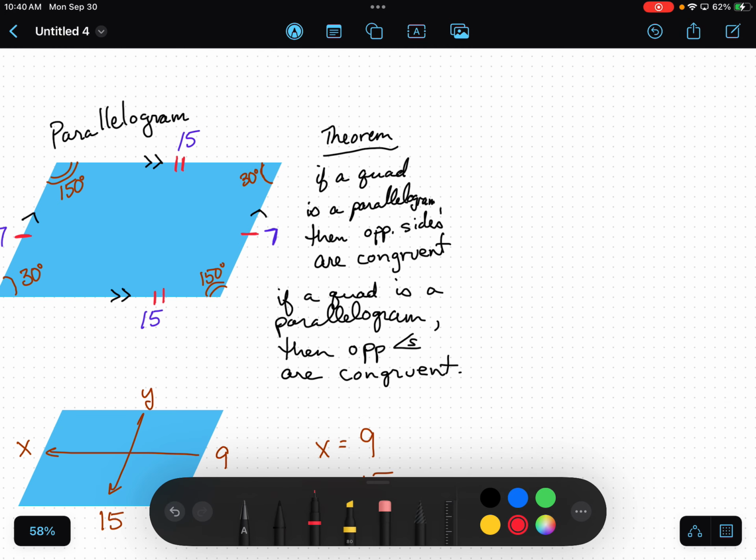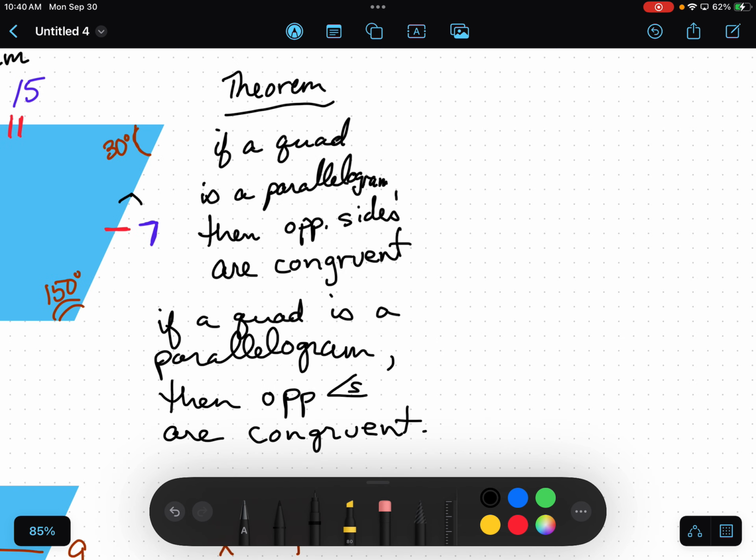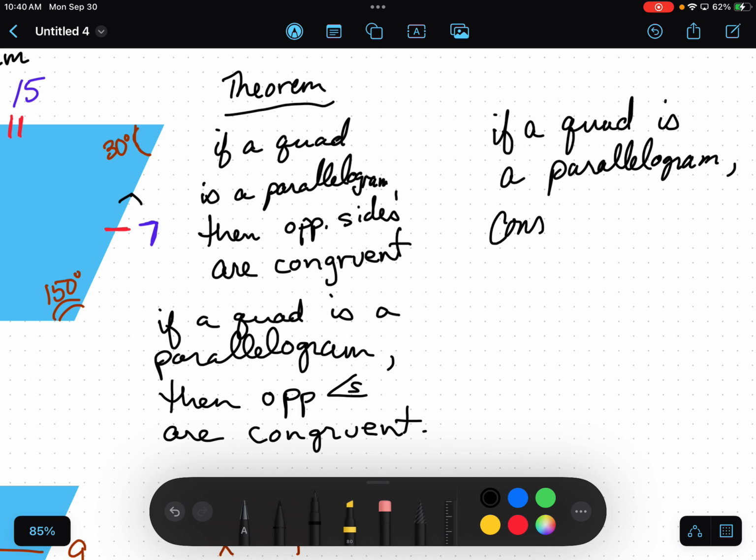Then, the other thing that you also have, and we've already talked about this, but just in case, I'm going to write it down. If a quad is a parallelogram, and this is what we just did, consecutive angles are supplementary.